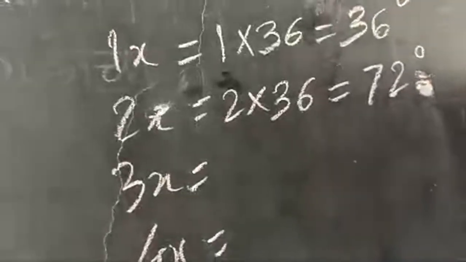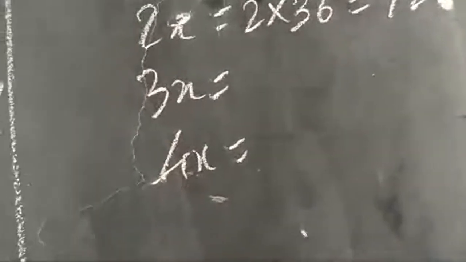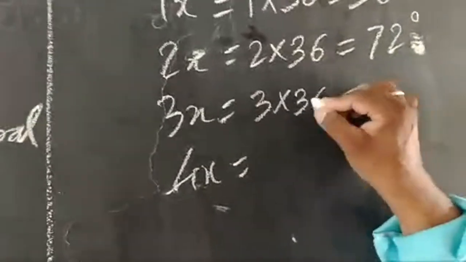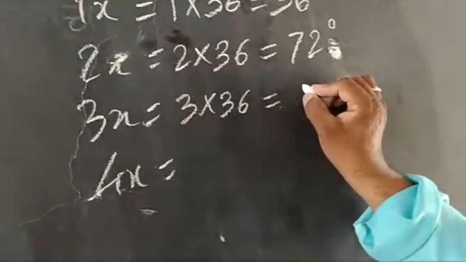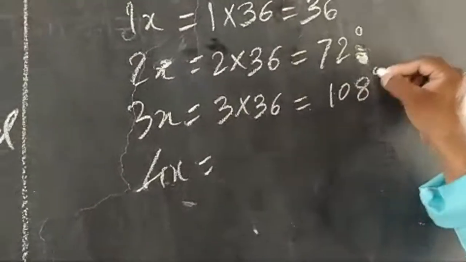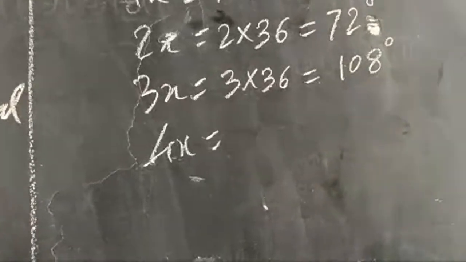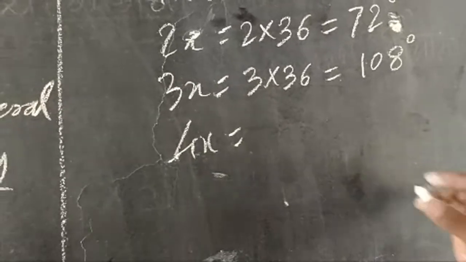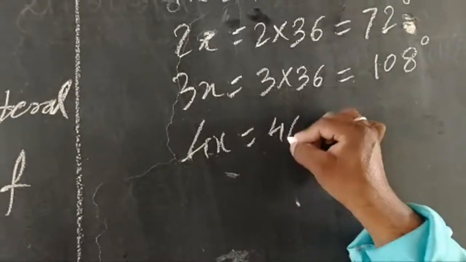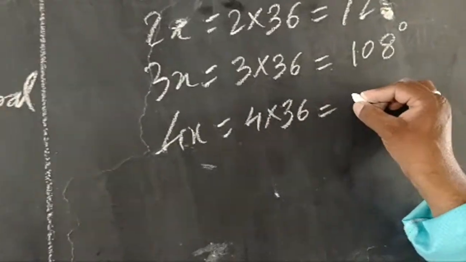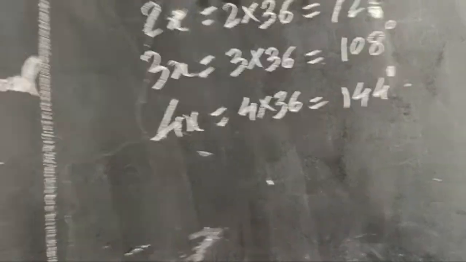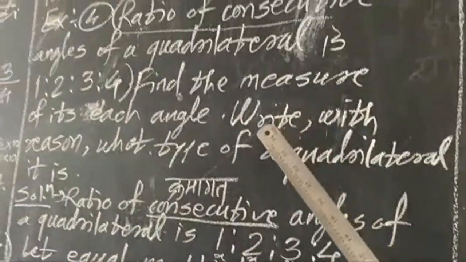Next, 3x is equal to 3 into 36, 108 degree. Then 4x is equal to 144 degree.